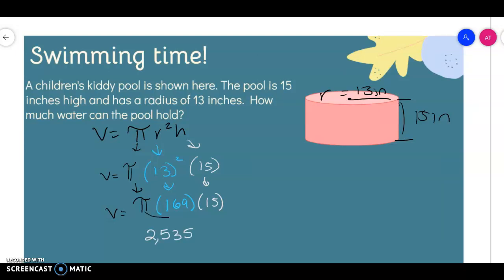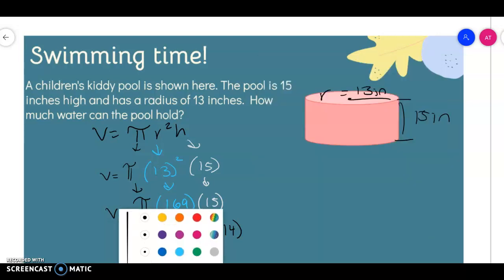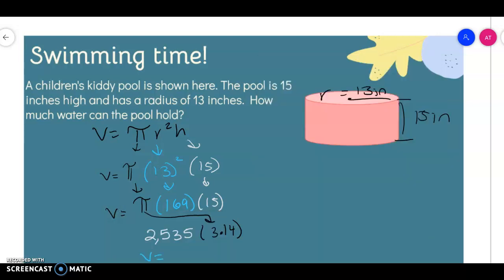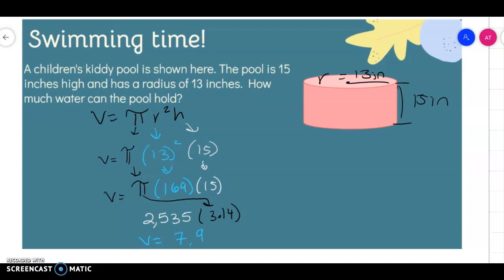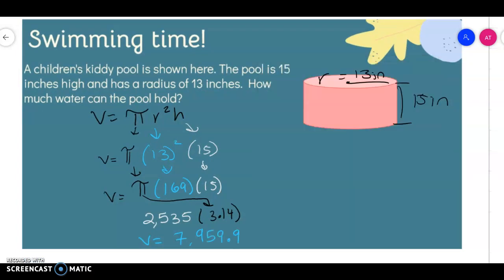Am I done? Absolutely not. I still need to multiply by 3.14. Holy cow, super large number. I get 7,959.9.